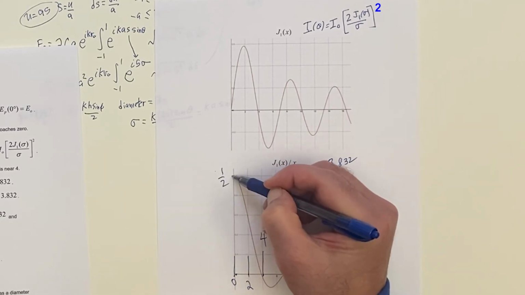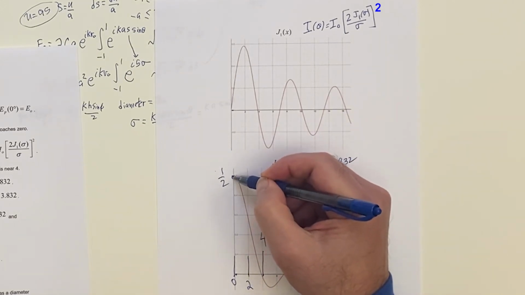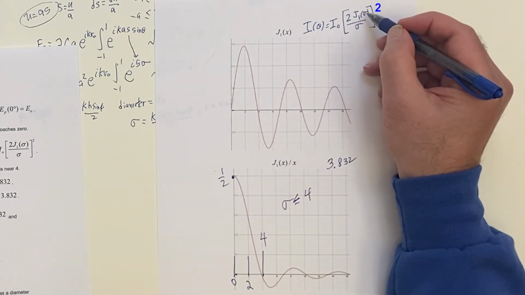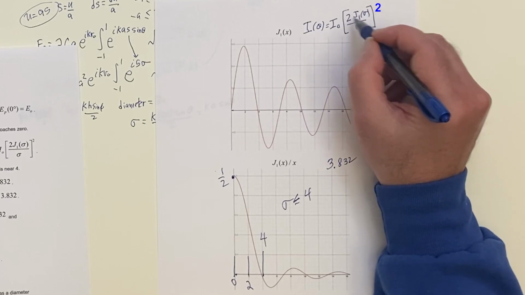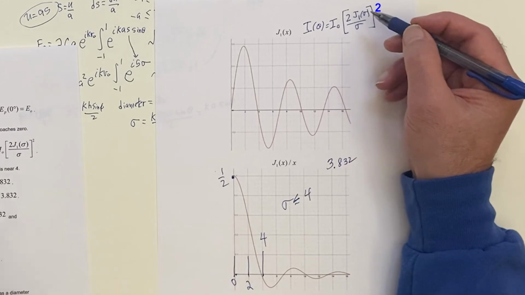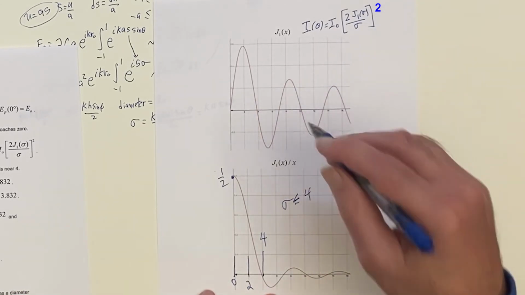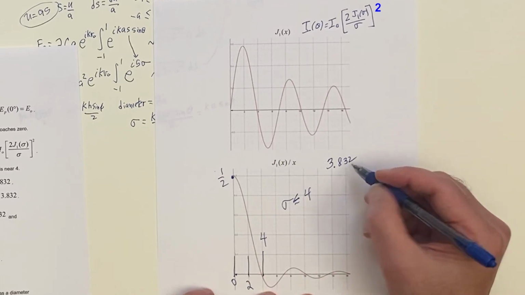This is 1/2 up here, this is 0.5. If that's 1/2, then the J1 over sigma at the angle 0 is going to be 1/2. That has to cancel this 2, so you have the intensity at the center. That's called normalization. So that first 0 is going to occur when you have 3.832.